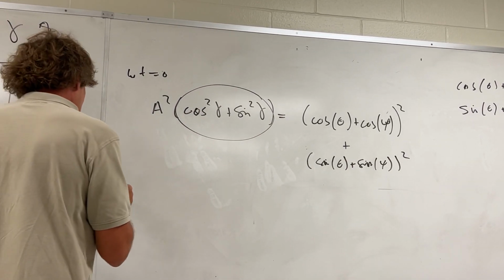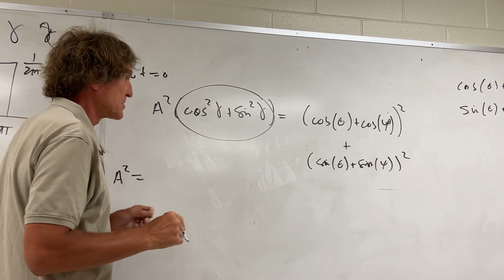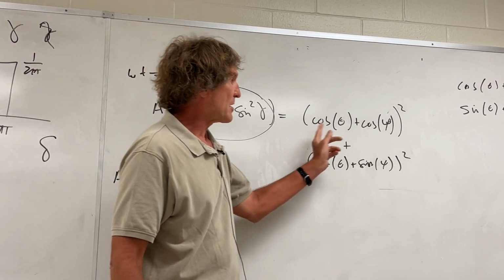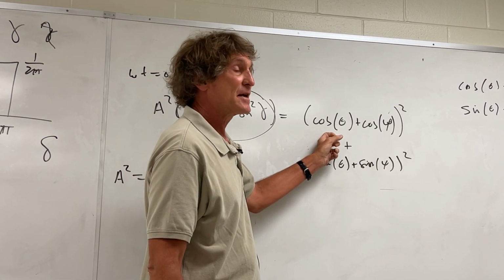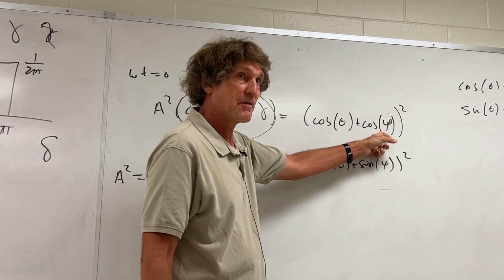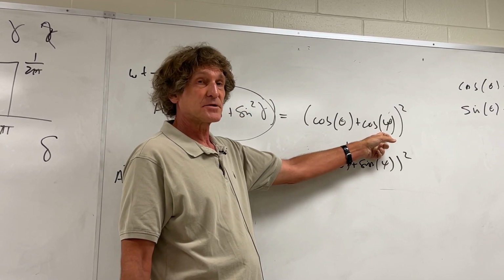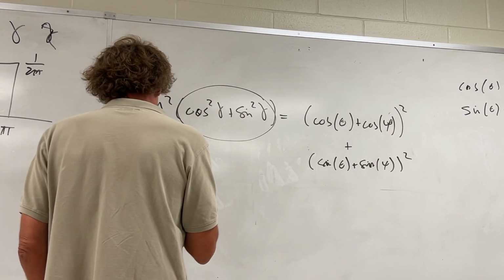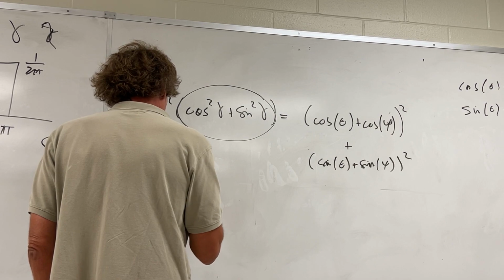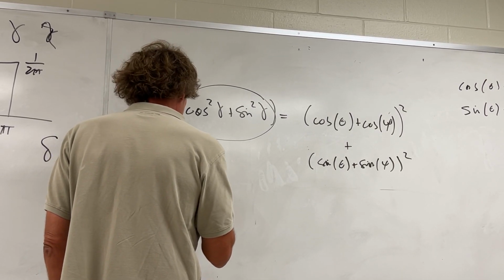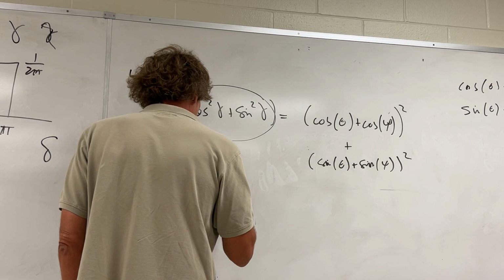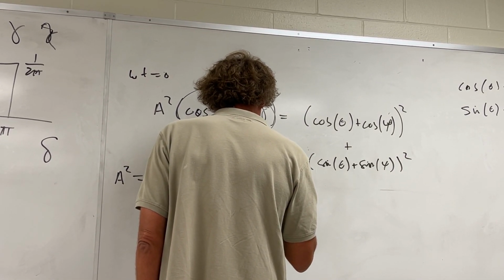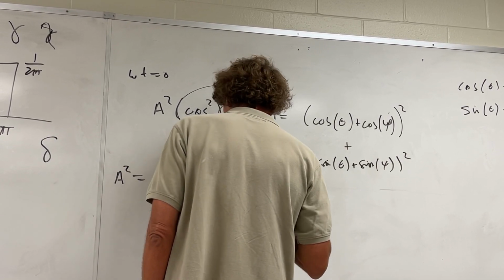So now I get A squared here equal to, and over here, I just want you to watch this one more time. When I square out these terms, I'm going to get cosine squared of theta plus cosine squared of psi plus 2 times cosine of psi times cosine of theta. The order makes no difference.